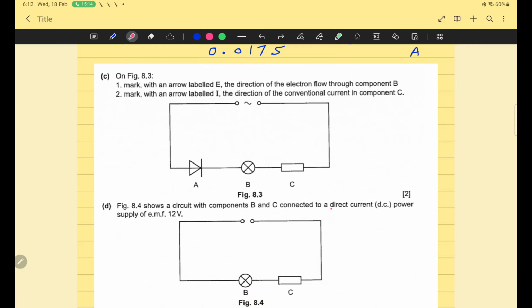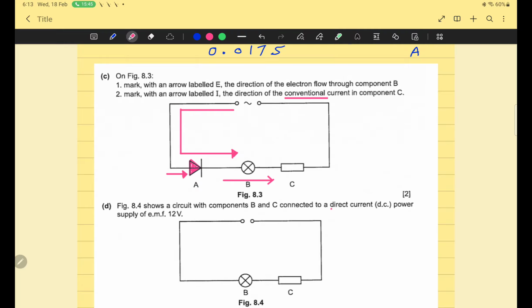Listen, beta, when current flows in this direction and the arrow of the diode is in the same direction, then this current can pass. Okay, so the direction of conventional current is this.